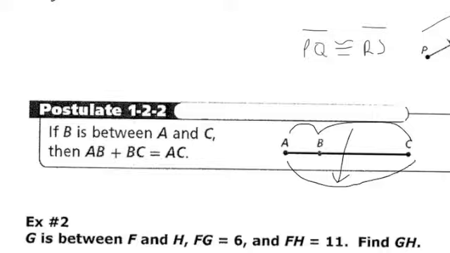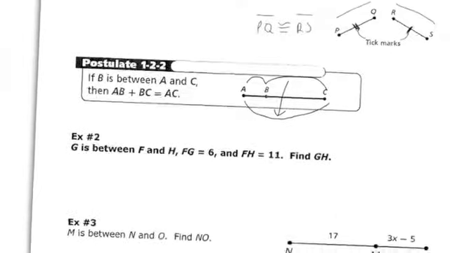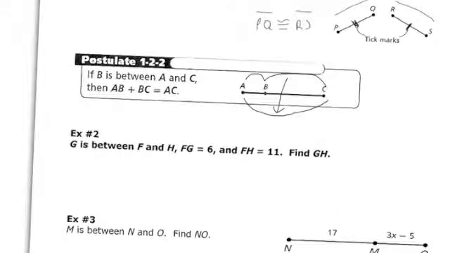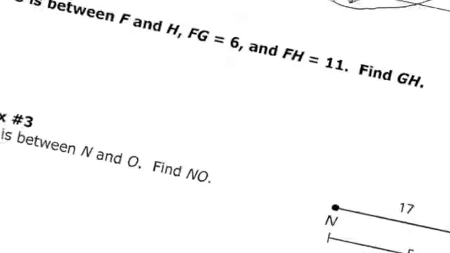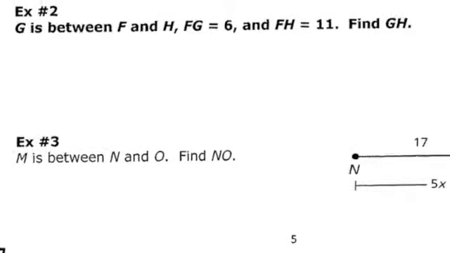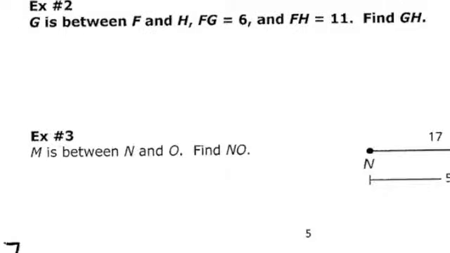Let's take a look at example number 2. We'll take this nice and slow. It says G is between F and H. FG equals 6 and FH equals 11. Find GH. Let's try to write a diagram for this.